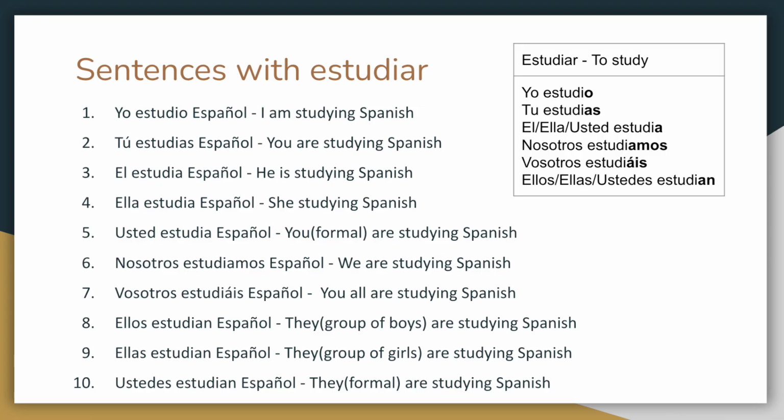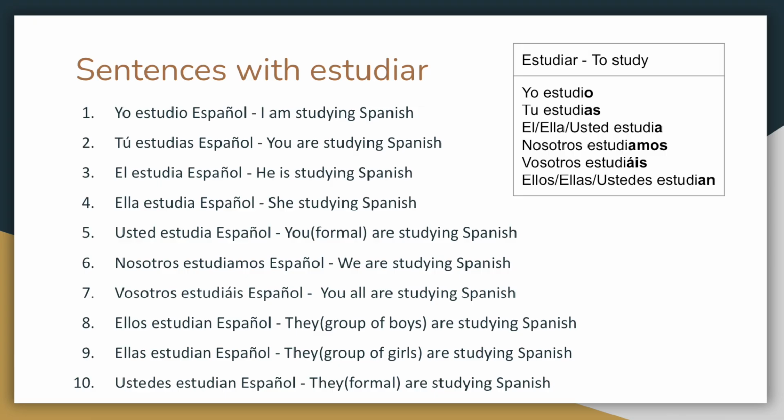Next, vosotros estudiáis español. Vosotros means you all, and the pattern for vosotros is ice. So estudiar is the verb. Estudiar means to study. The pattern for vosotros is ice, and you replace the ar, so it becomes estudiáis. So vosotros estudiáis español is you all are studying Spanish. And then the last three, ellos, ellas, and ustedes.